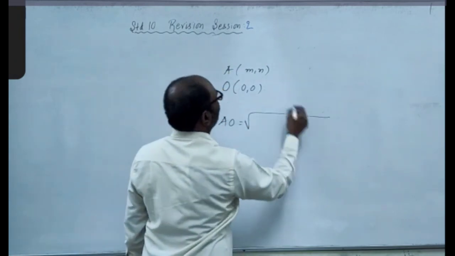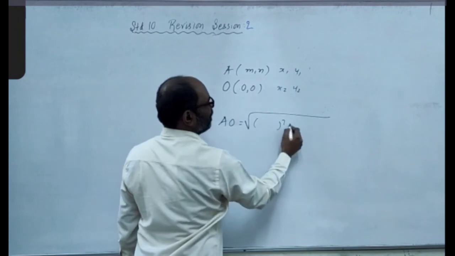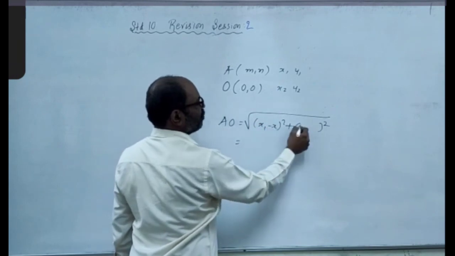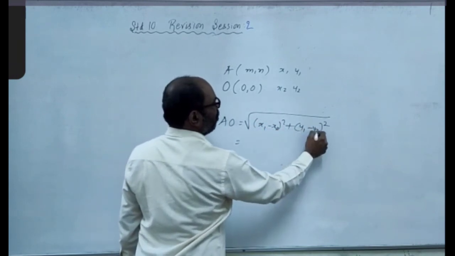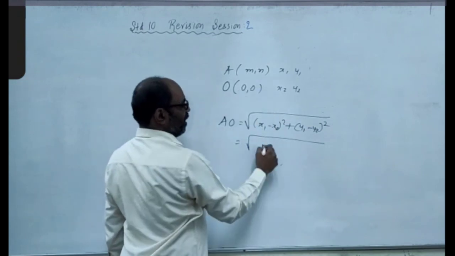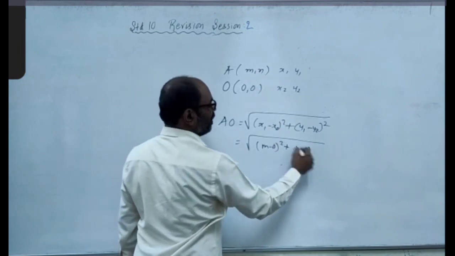That is square root of इसको x1 y1 बोलो, इसको x2 y2 बोलो. Bracket square plus bracket square. x1 minus x2, y1 minus y2. That is square root of m minus 0 whole square plus n minus 0 whole square.